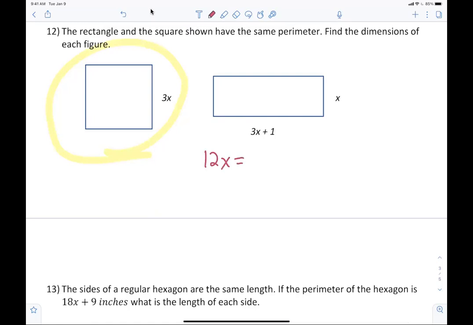Now, let me give you a little heads up. The perimeter of a rectangle, it's always easier to just add the length and width and then multiply by 2. So what's 3x plus x plus 1? We write 4x plus 1, and then we multiply that by 2.